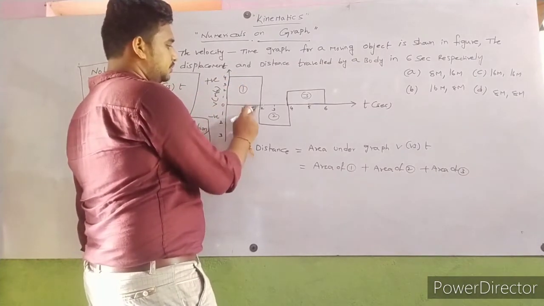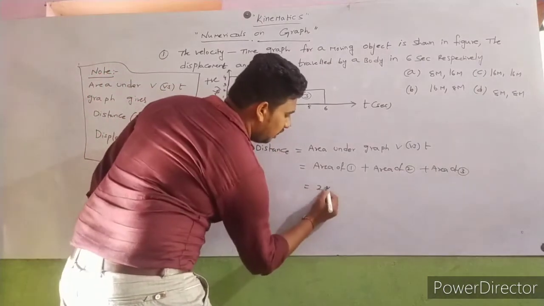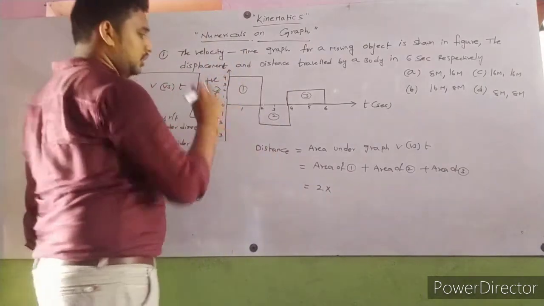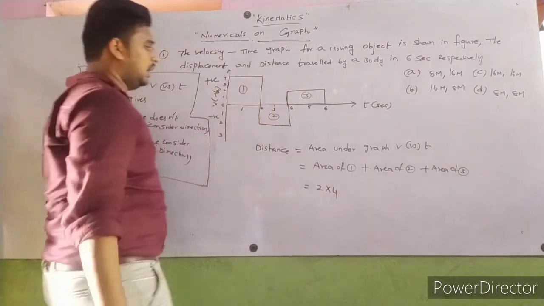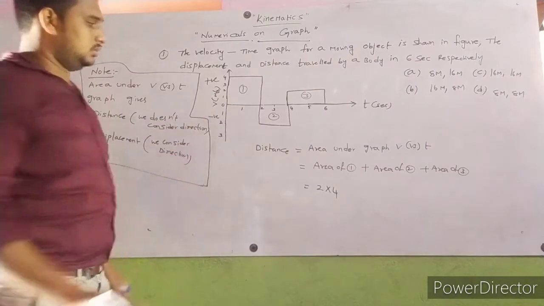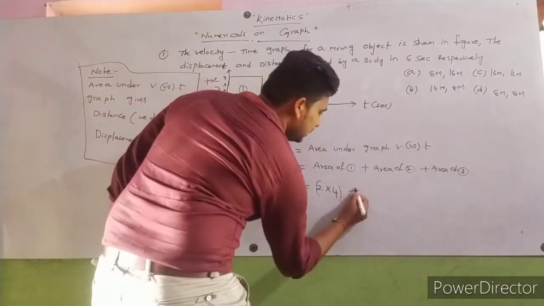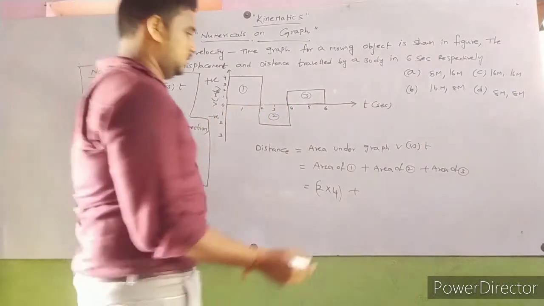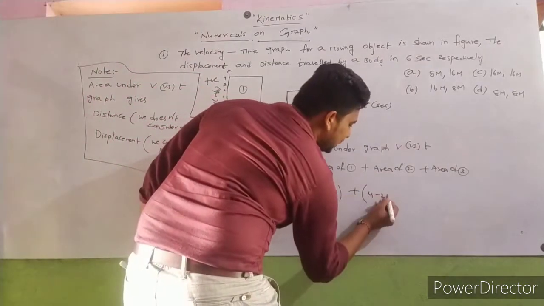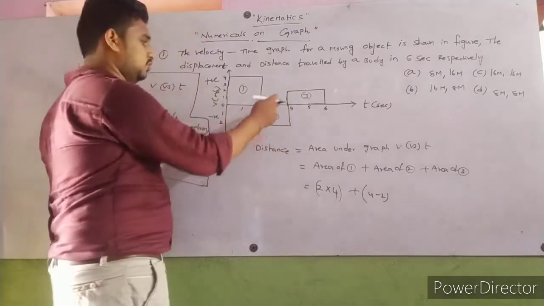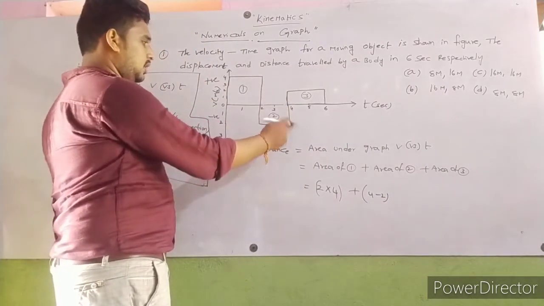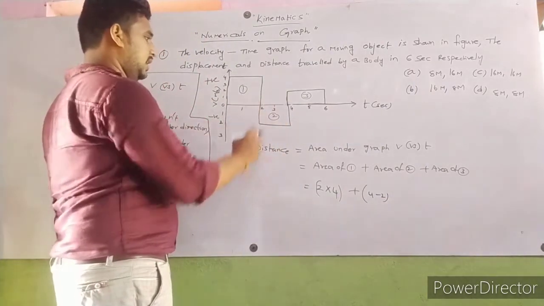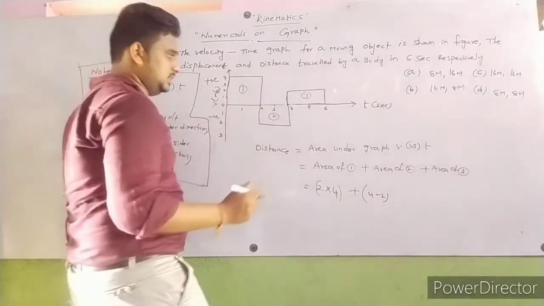Here length is 2, so area of 1 is 2 into 4, plus area of 2. How did we get it? x-axis value 4 minus 2, y-axis value 2 minus 0.